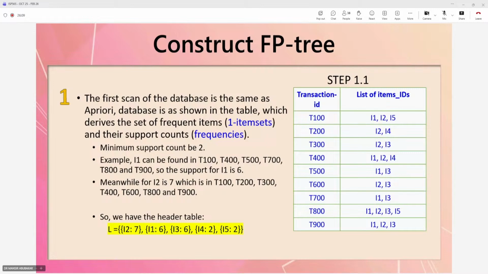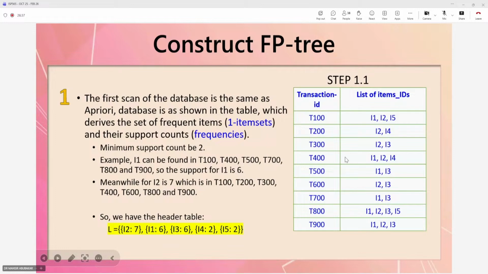So for example, I1 can be found in T100, T400, you can see I1 again. Okay. Then you see in T500, we still have I1. And then in T700, we still have I1, you see item 1. And then in T800 and T900, you can see this item 1 is appearing.